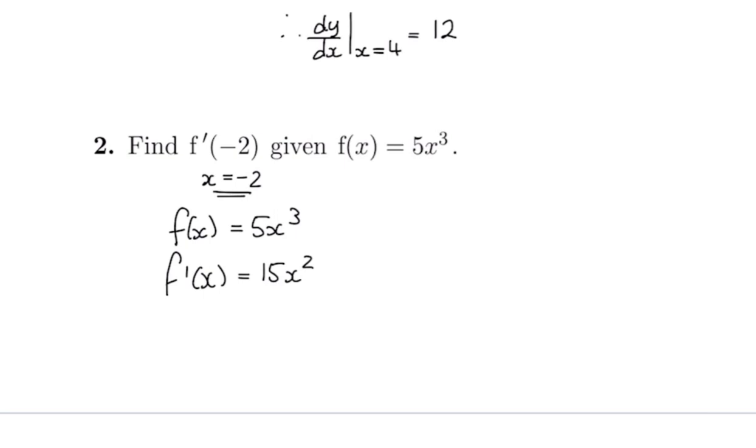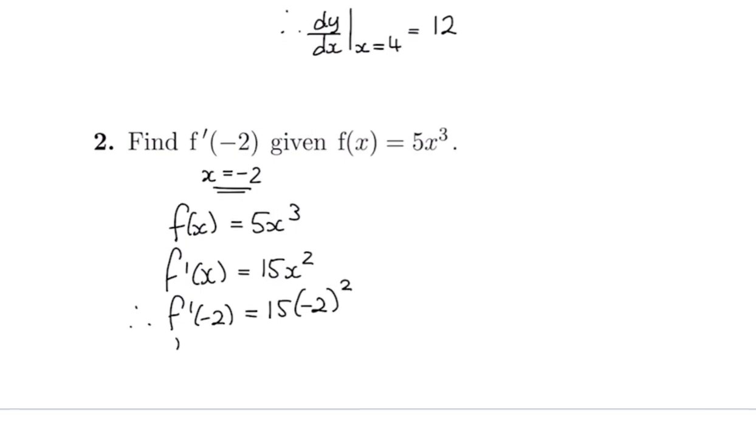Multiply the power by the coefficient and decrease the power by 1. Therefore, f dash of -2 equals 15 times -2 squared. And of course, f dash of -2 will equal 60. So that's the value.